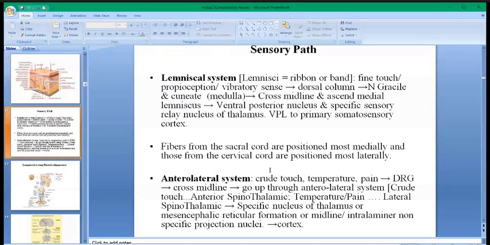No, it is crude touch. Then what is fine touch? Fine touch is well localized, just like pen pricking. No, that is pain. Pain stimulates the nociceptors, and it is harmful to the tissue. It is not fine touch.